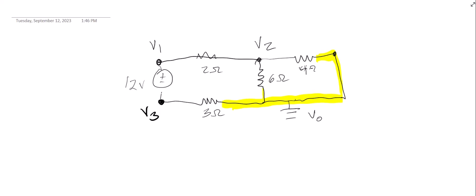And then let me figure out what the current actually would be. Hold on. Let me figure out what the voltages actually would be since I made this up.